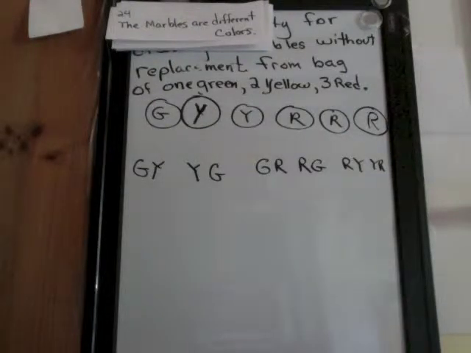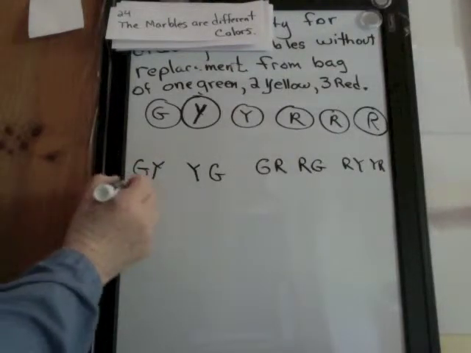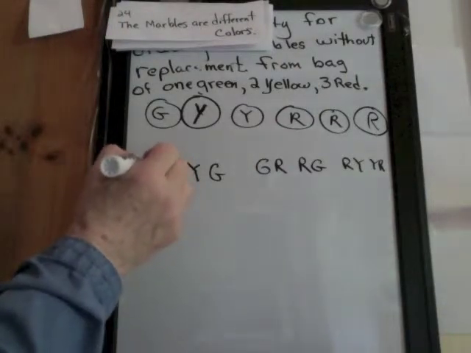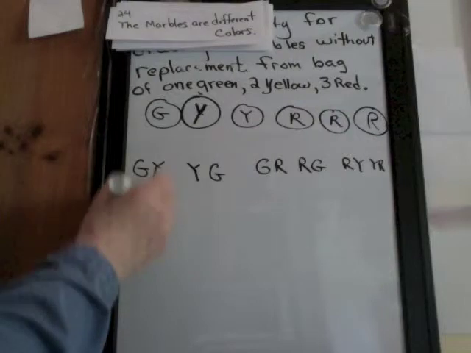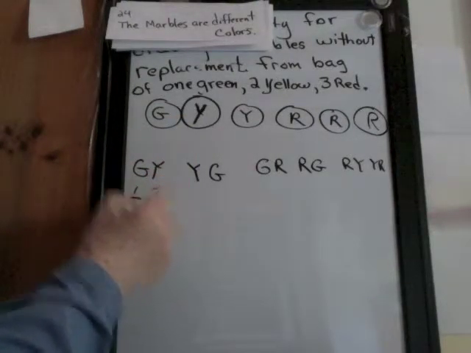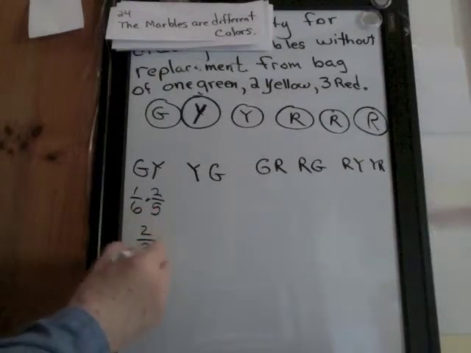And figure them out. So to get a green and a yellow, it's 1 out of 6 for the green, right? And then to get the yellow, what is it? 2 out of 5. And so I get 2 out of 30, right?